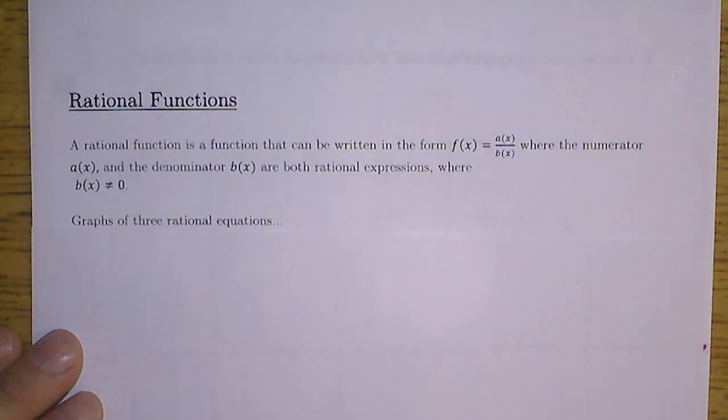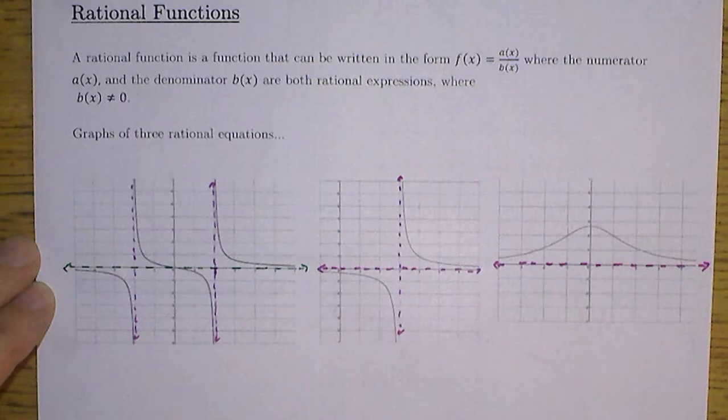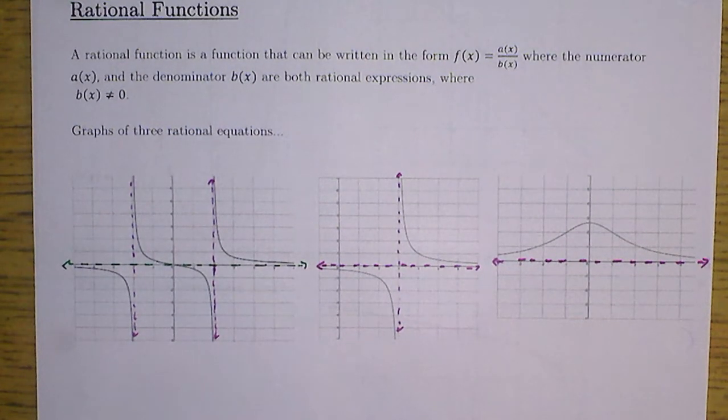I'm just going to provide you with some graphs of some rational equations and functions here. As you probably saw from the warm-up video, they are sort of unruly at times, and it's really hard to wrap your head around them. There seems to be no pattern in there, but I assure you there is.